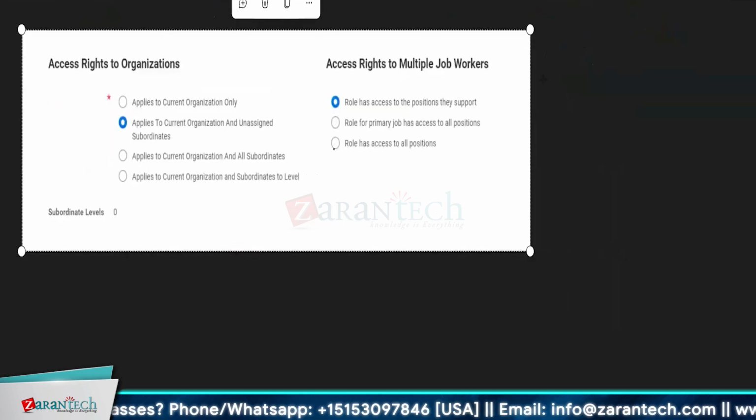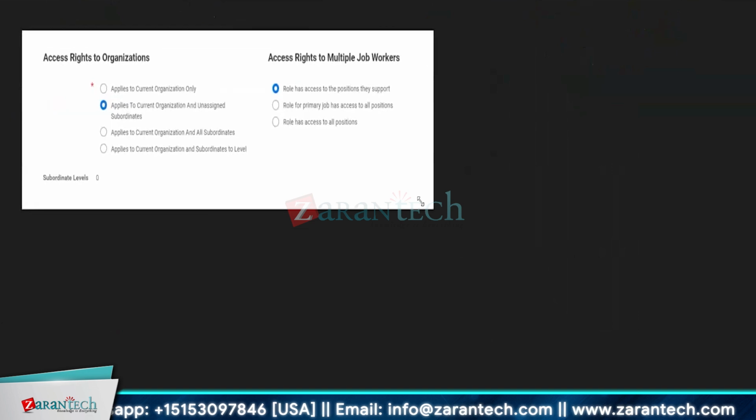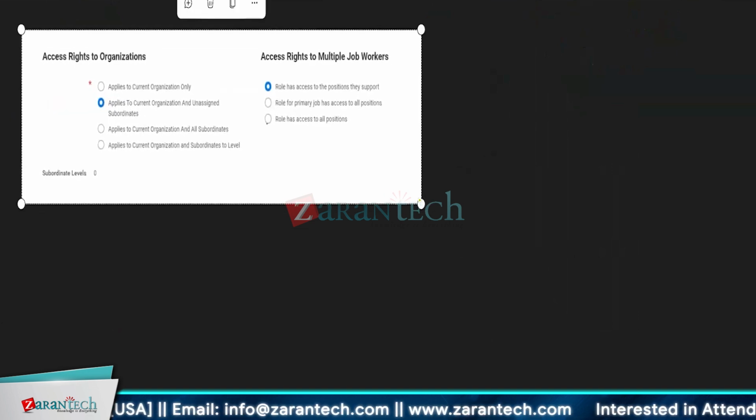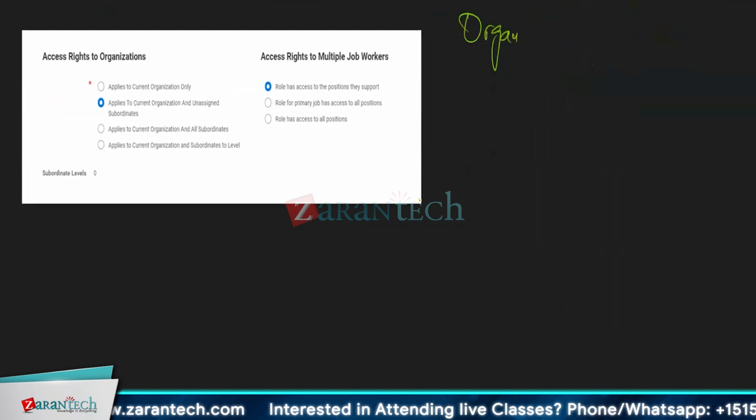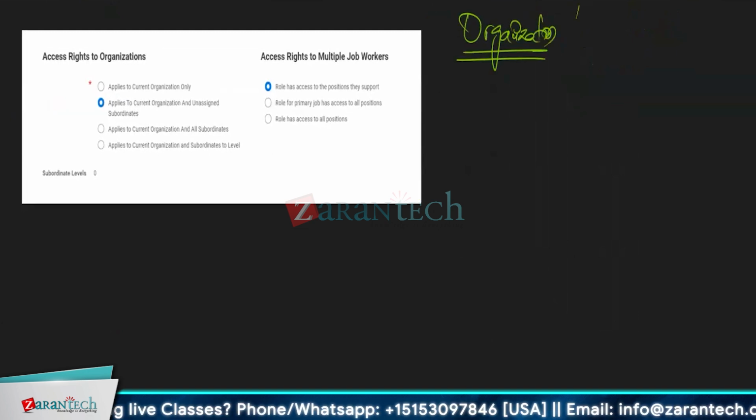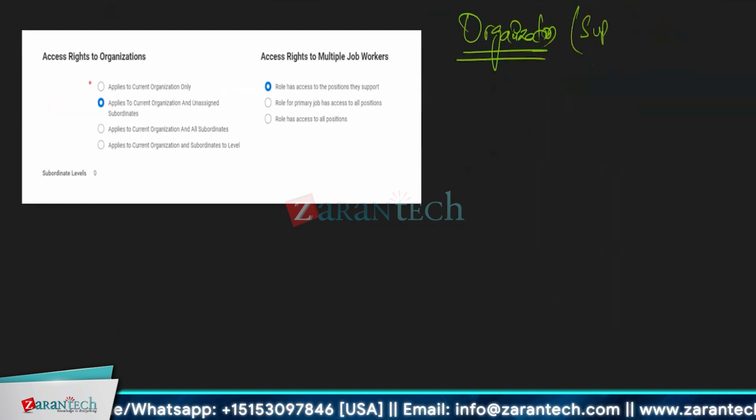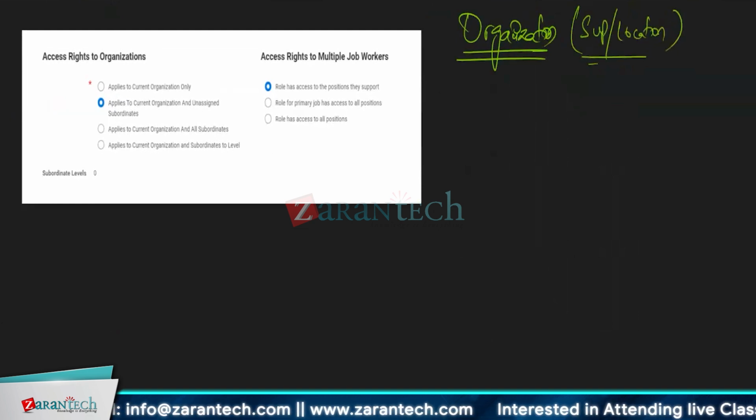Now you understand that we are creating these roles on a specific organization. You will be creating this on an organization. It could be any organization. It could be a supervisory org, or it could be a location hierarchy. It could be any type of organization in Workday. Okay. Now, depending upon the option that you select, it will provide a different level of access.